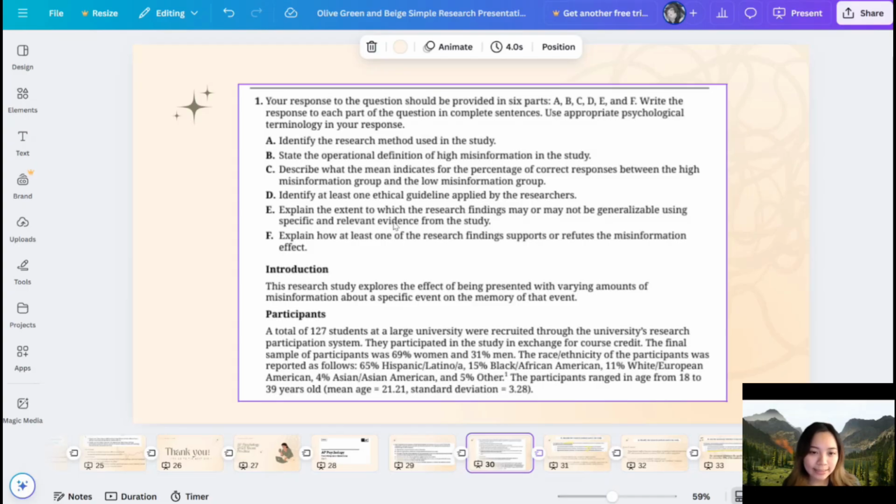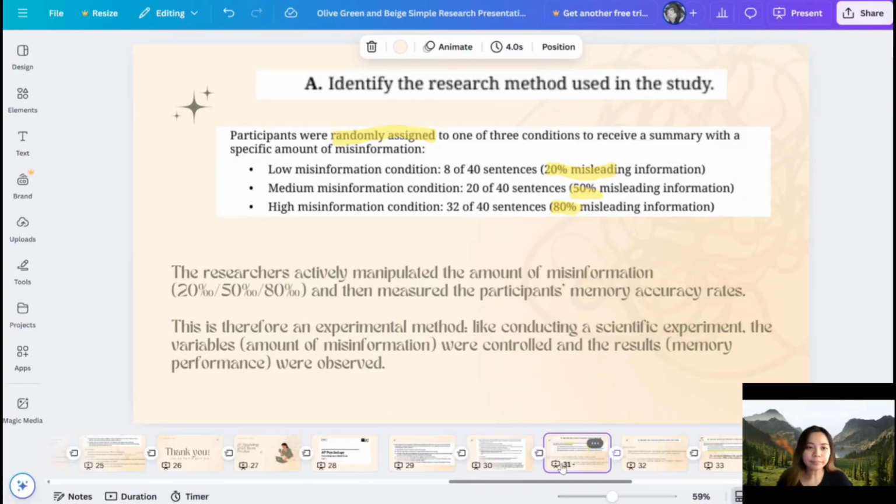Just a tip: when you look through the participants, focus on the numbers themselves. If you see 127 students, that is the sample size. The 69% and 31% might not be important right here, but you know where the numbers are located, so in the future, if other questions ask you to find the participants, you know where to look.